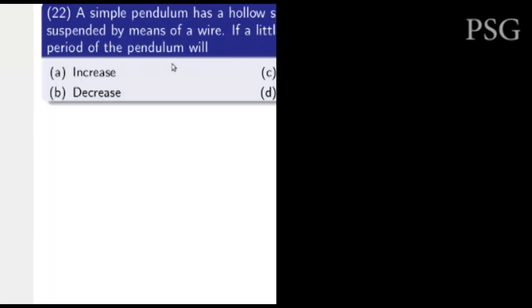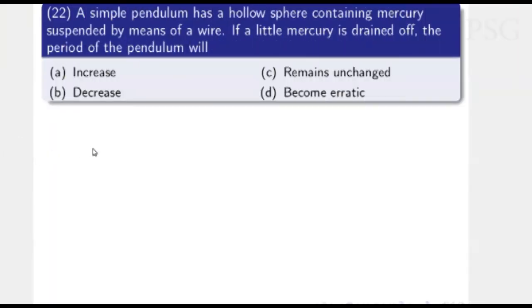Next question. A simple pendulum has a hollow sphere containing mercury suspended by means of a wire. If little mercury is drained off, the period of pendulum will become. Generally, we know that the time period of a simple pendulum depends only on length of the pendulum and acceleration due to gravity, right?